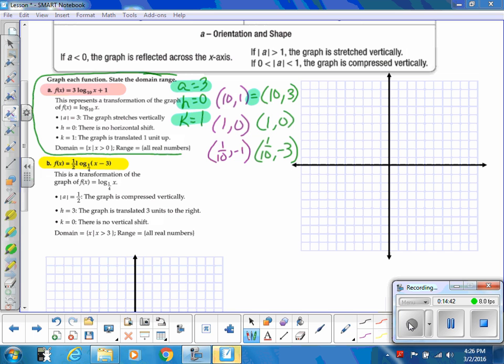So that means now that these points are going to become the coordinates 10, 4, 1, 1, and 1 over 10, negative 2. That's how you get the points for the graph. My vertical asymptote is still going to be where? At 0. So, I draw my vertical asymptote.